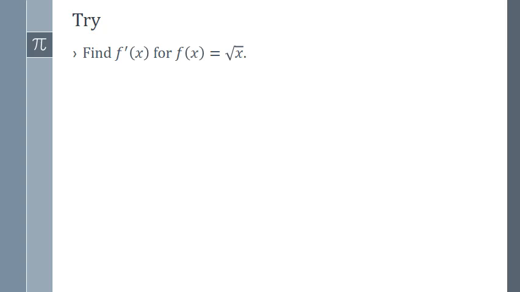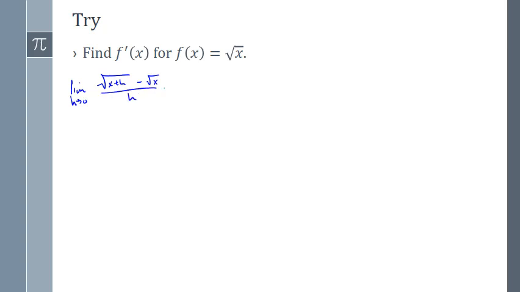Alright, and then one more. Find f prime of x, or find the derivative, for f of x equals radical x. Again, we're going to start with the limit process. The limit as h goes to 0 of radical x plus h minus radical x, all over h.